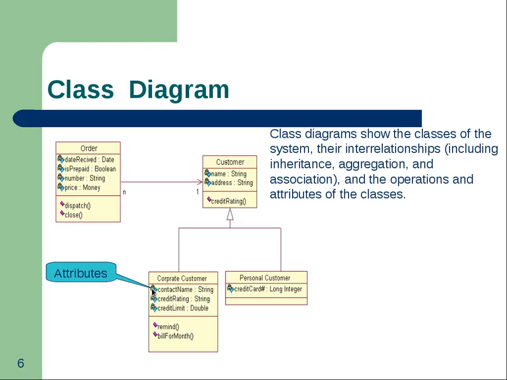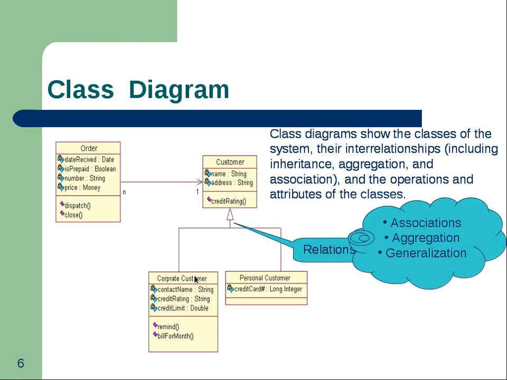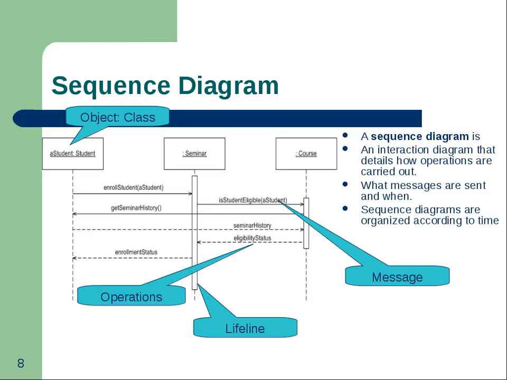The little lock here means private. And then its operations are below. Notice that these have little open close parentheses. And a relation you can draw from one object to another. We'll talk about associations, aggregations, generalizations later on in this course. We'll get to that later.